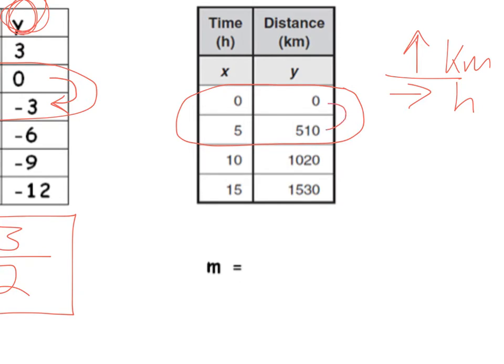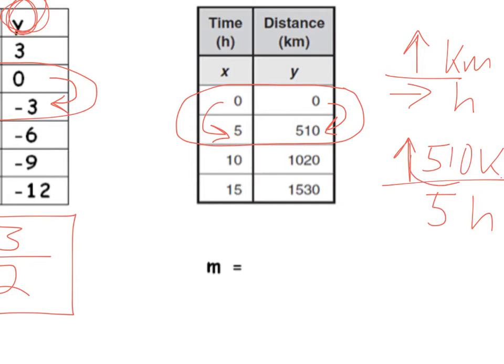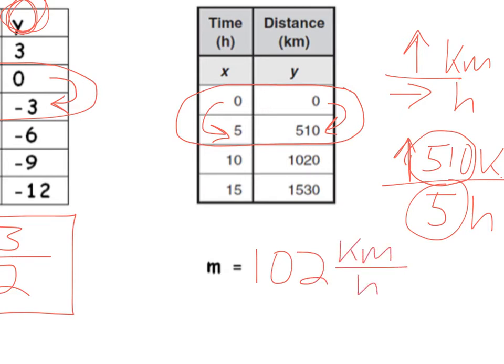To get from the first point to the second, we're going up 510 kilometers, and it takes us 5 hours to do it. If I divide 510 by 5, I get 102 as my slope, and the units are kilometers per hour.